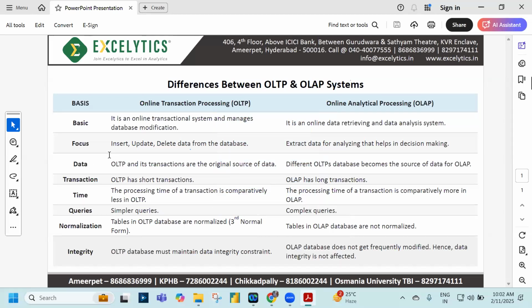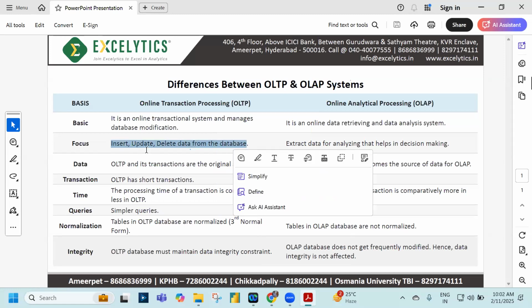ATM is also a best example of insert, update, delete. You visit an ATM, and the process is that you insert the card and pin. You update the pin; whatever the existing pin is, you update it.